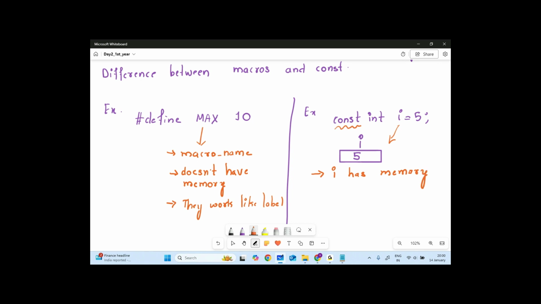Another difference is that macros work during compile time.